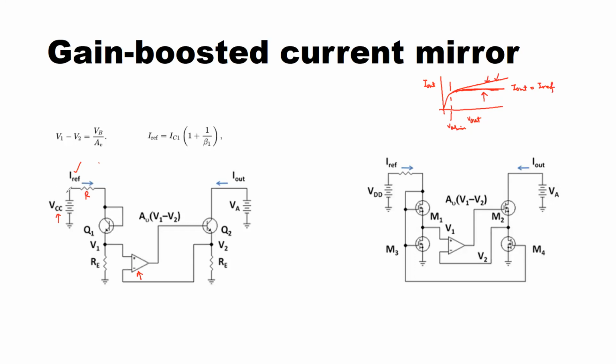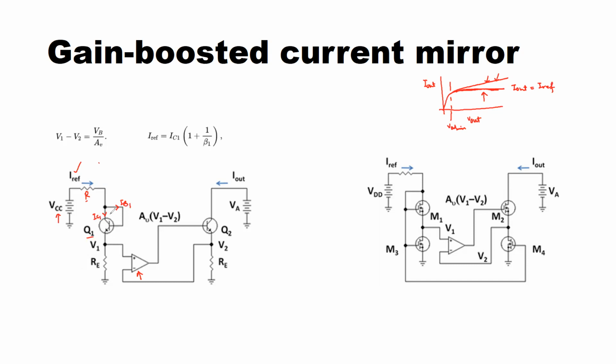This is the input side of the circuit. Now, that reference current, which is set by this resistor R, gets split in the case of a BJT into two parts. One is called IB of this transistor Q1, and one is called IC, the collector current of the transistor Q1.